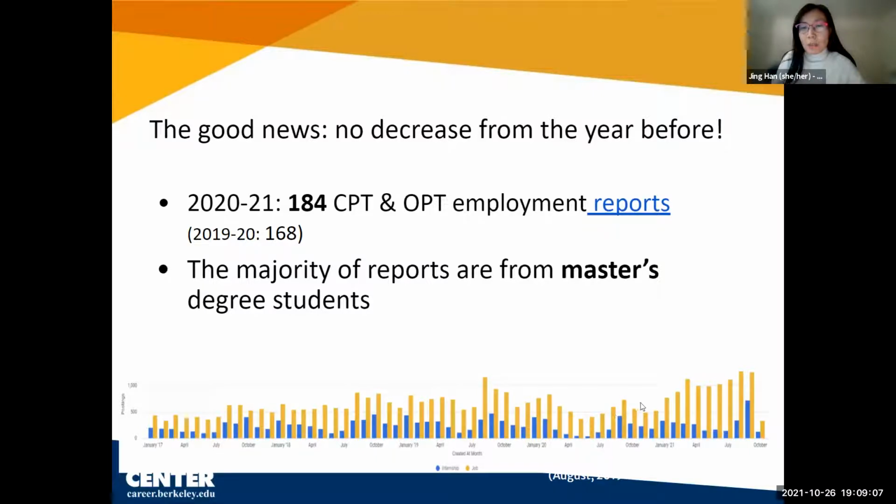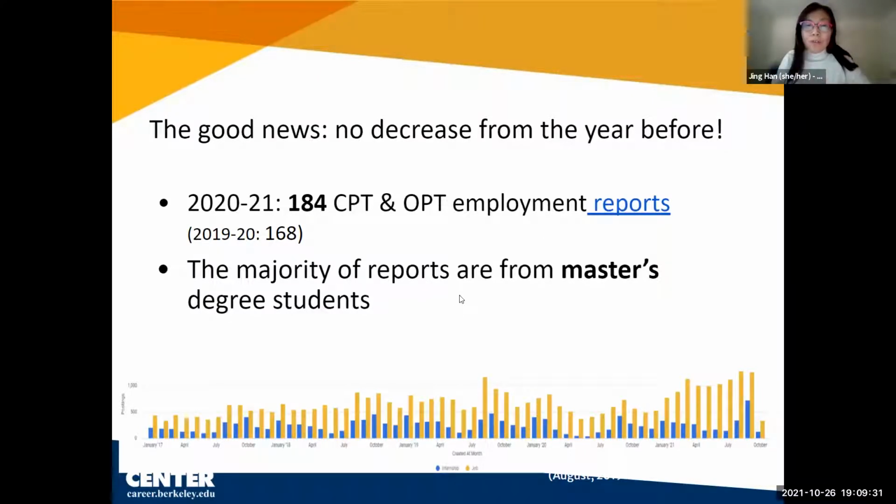We see a drop during the pandemic, but I think Denora will also agree, since April or so, we see a climbing trend, a jump back, with the posting numbers on Handshake. We heard positive feedback from employers that they're actively seeking, so leverage this current job market. Okay, so that's number one.